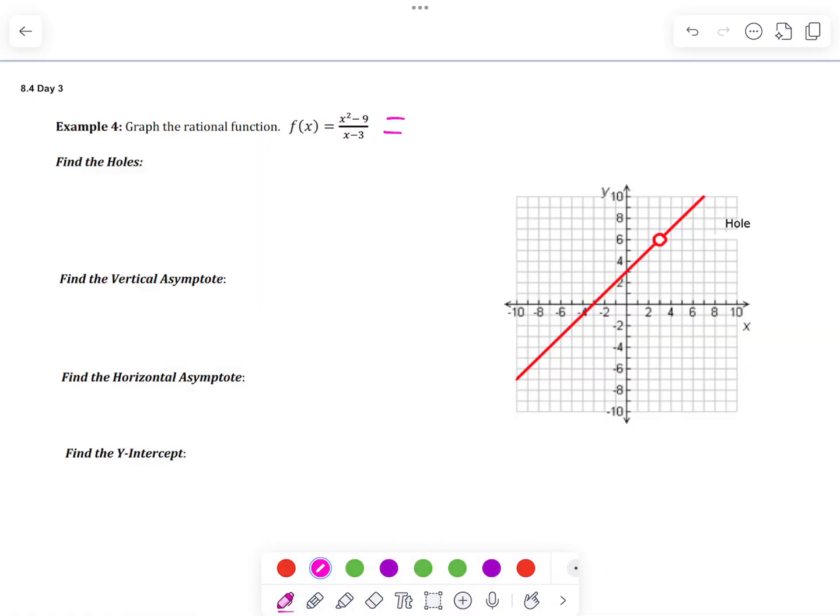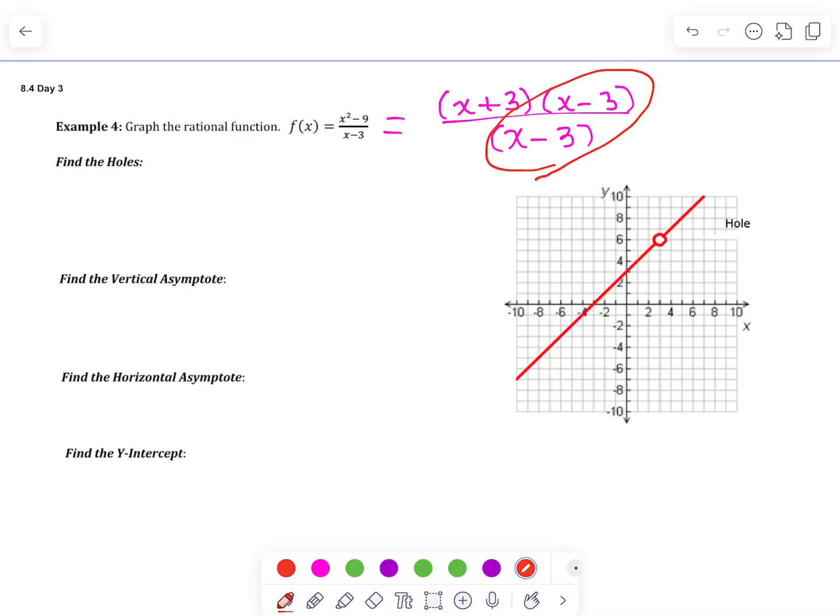So I'm going to factor the numerator as the difference of two squares, so x plus 3, x minus 3, and the denominator just stays as x minus 3. All right, so what we have is a common factor of x minus 3. So that's going to produce a hole in the graph.